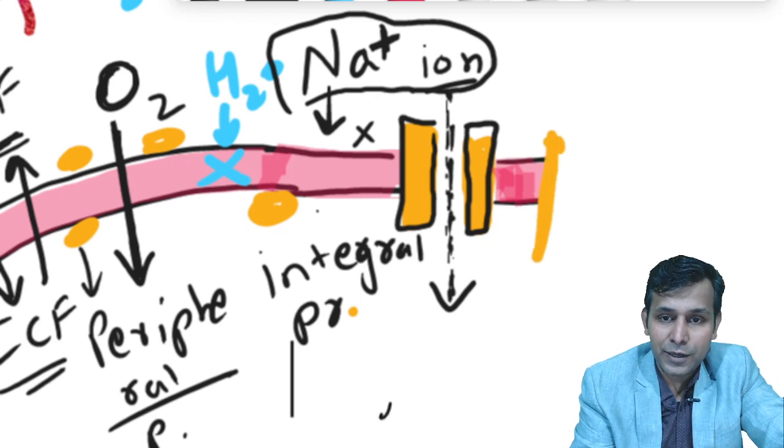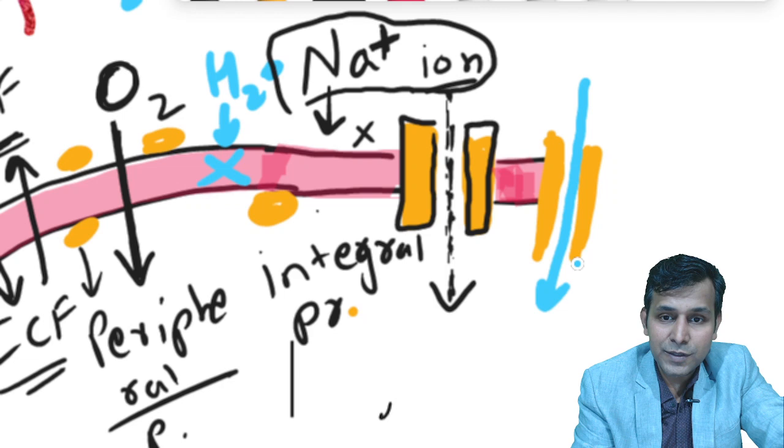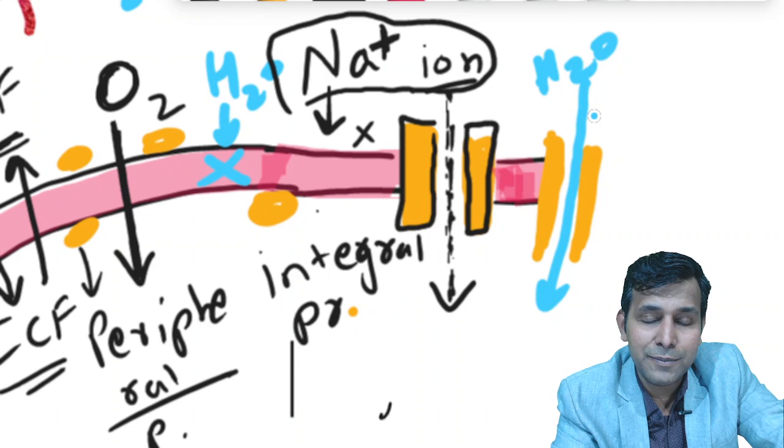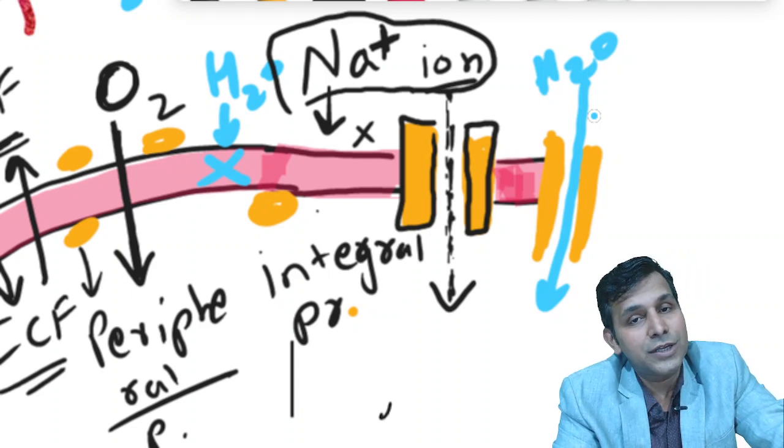These aquaporins are nothing but channels for water molecules. So water cannot cross the lipid bilayer directly, but it can move through those channels which are made for water.